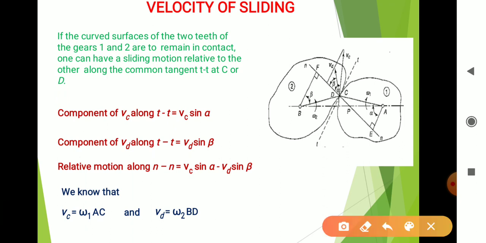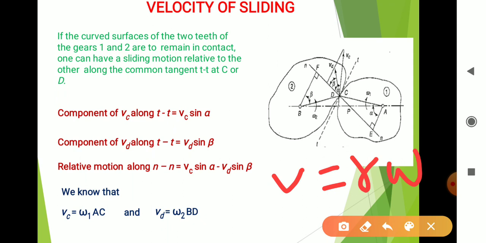We already know that V, linear velocity, is equal to R into omega. So R is nothing but what? Radius, and omega is angular velocity. So linear velocity is the product of radius into angular velocity.